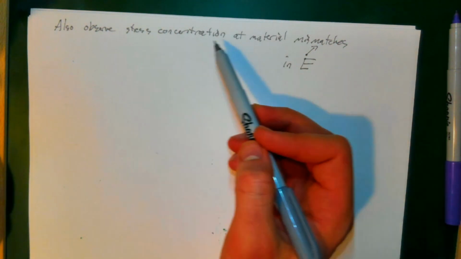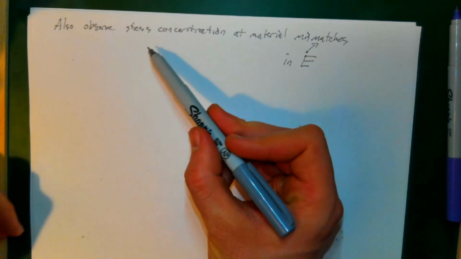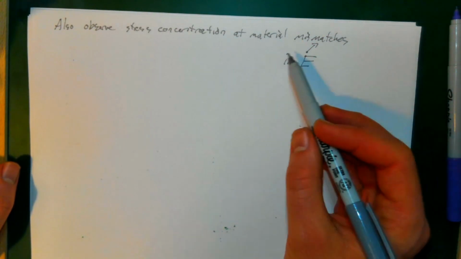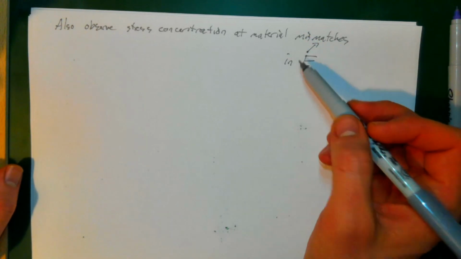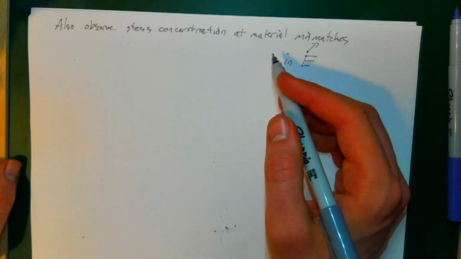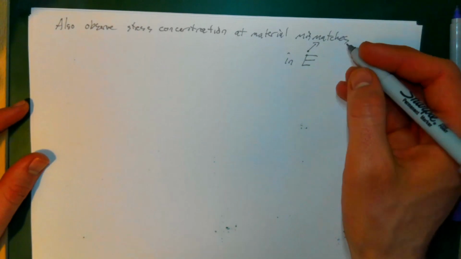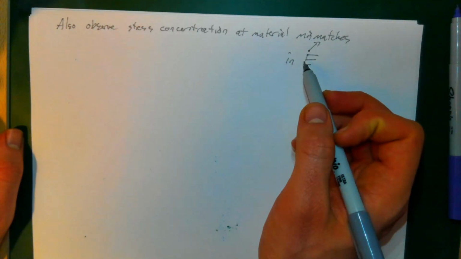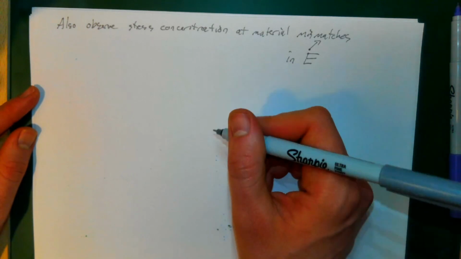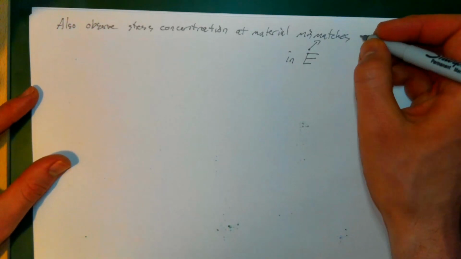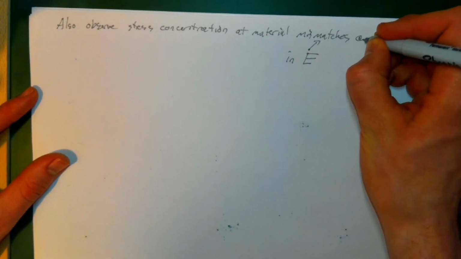So if I try to have a stiff material next to a very compliant material, we oftentimes observe stress concentration at the interface. So material mismatches at the interface.